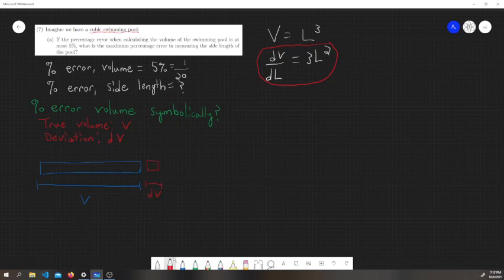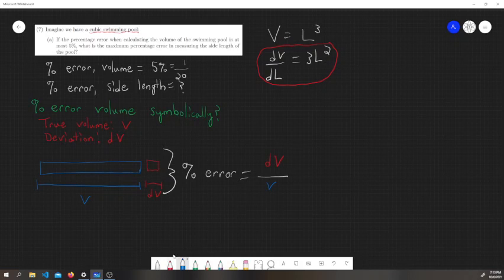And so hopefully from this you can see that the percent error is just going to be the infinitesimal little additional nudge, dV, divided by V, your total volume. Another way you can think about this, if it helps, is you want the nudge per unit volume.